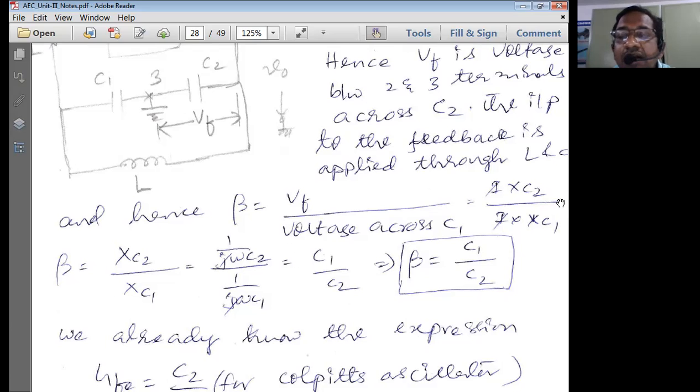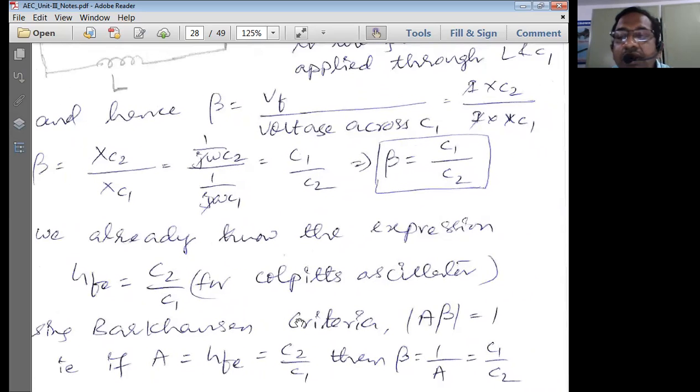We assume the same current flows through these two terminals because our sampling is voltage, not related to current. Then XC2 is 1 by j omega C2, XC1 is 1 by j omega C1. So I can write beta is equal to C1 by C2.